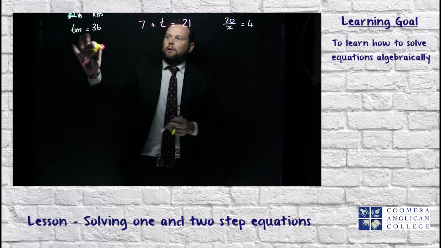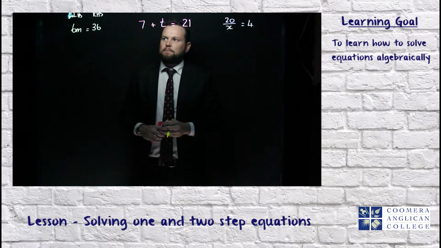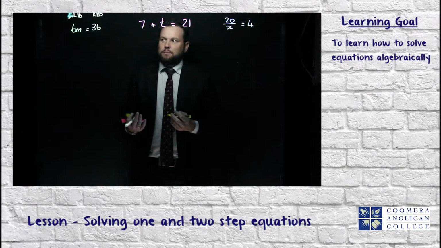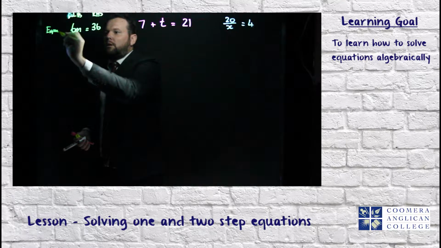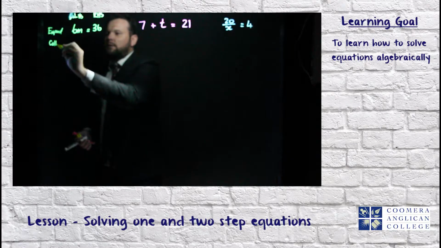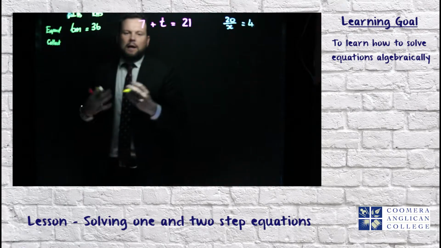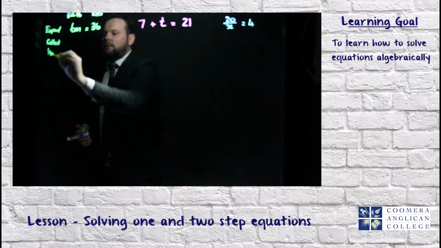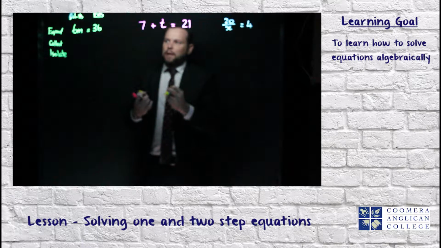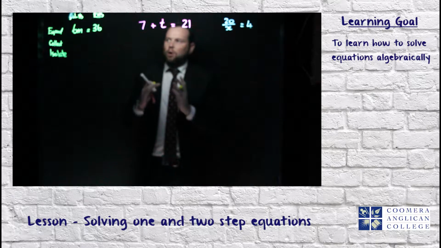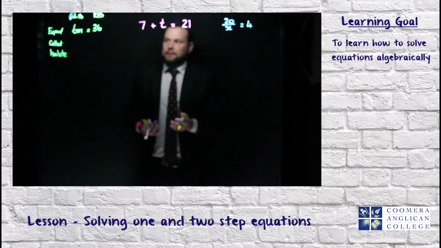Now, firstly, there are no like terms here to collect. If there's brackets, we want to expand. So we want to expand when we can. We want to collect our like terms, and then we want to isolate. When we isolate, what that means is we want to make the variable be on one side of the equation all by itself.